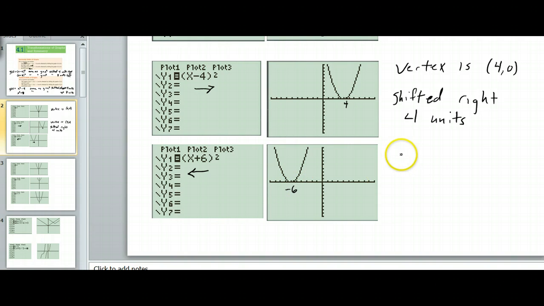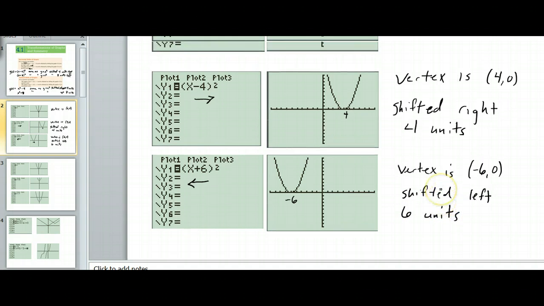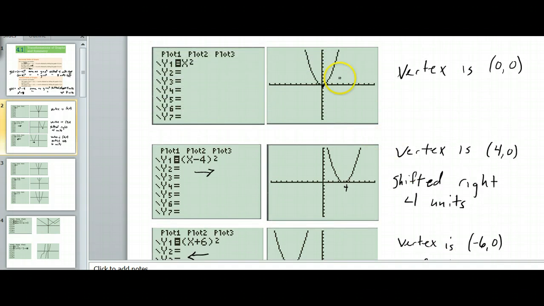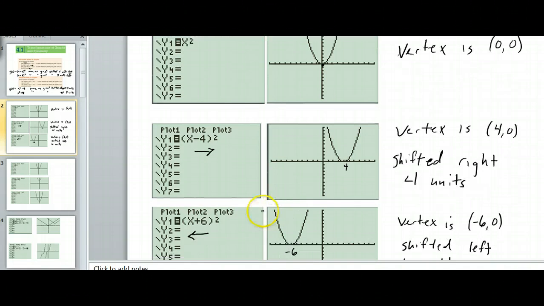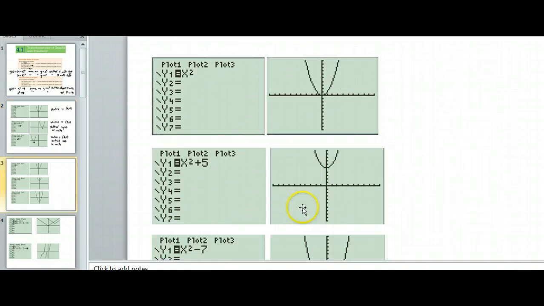Okay, so now the vertex is negative 6, 0. Alright, so that means it shifted left 6 units. If you look at them, you can see it's just the same graph as we had up here. This U-shaped parabola is just being moved around, left and to the right.